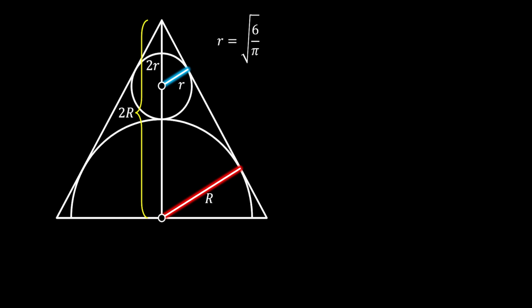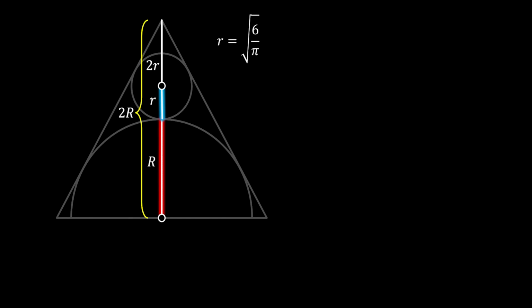First, let's rotate the small radius vertically down and the big radius vertically up. If we do this, we will form this really nice straight line along the height of the triangle. If we simplify our sketch, it will look something like this.